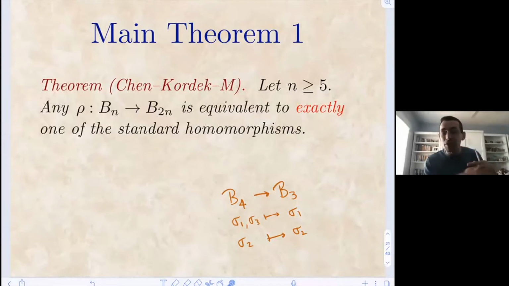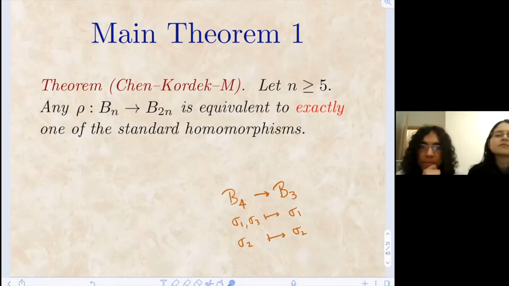But it was known long before us that Vladimir Lin proved that a homomorphism from a braid group to a smaller braid group must be trivial or have cyclic image. Actually, Lin proved something better.